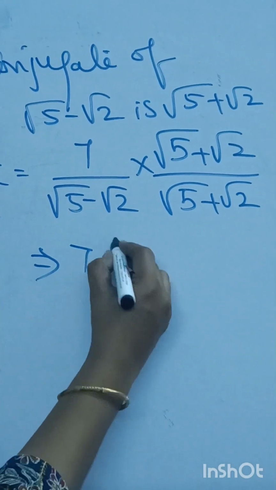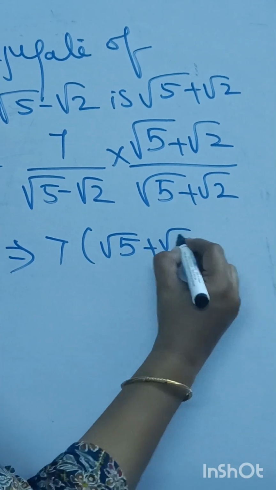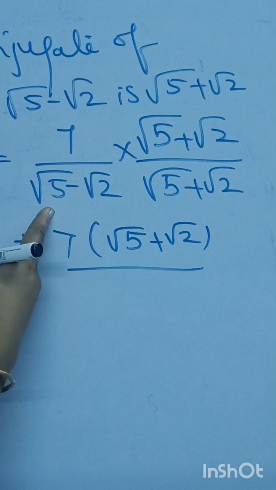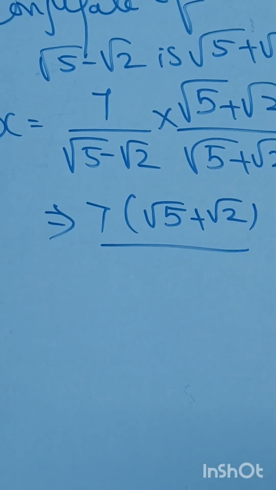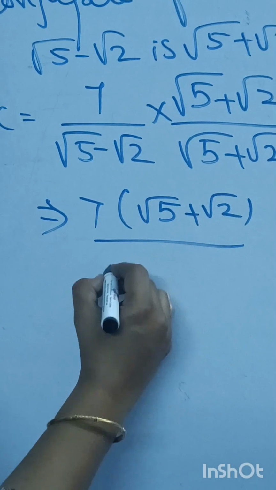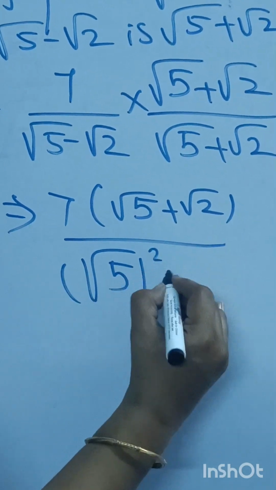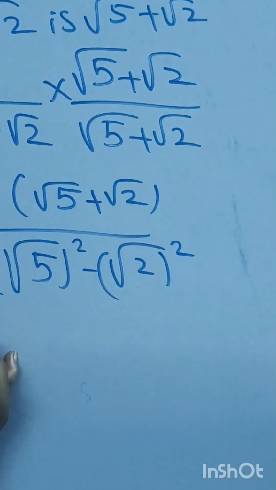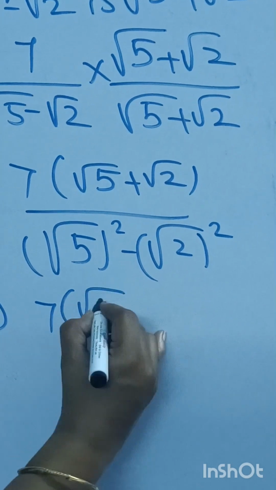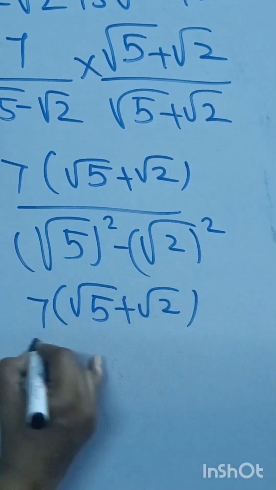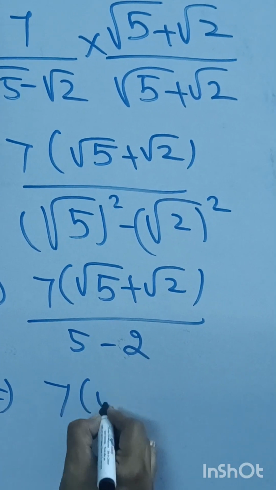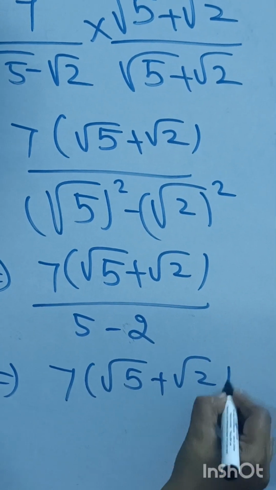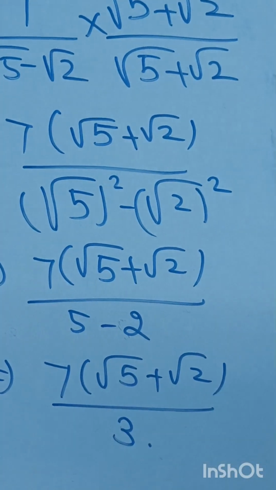Now we are evaluating 7 into (root 5 plus root 2) divided by a denominator of the form (a minus b) into (a plus b). We are using the algebraic identity a square minus b square. Therefore, this becomes root 5 the whole square minus root 2 the whole square. Therefore, this becomes 7 into (root 5 plus root 2) divided by 5 minus 2. Therefore, the final answer is 7 into (root 5 plus root 2) divided by 3. This is the final answer.